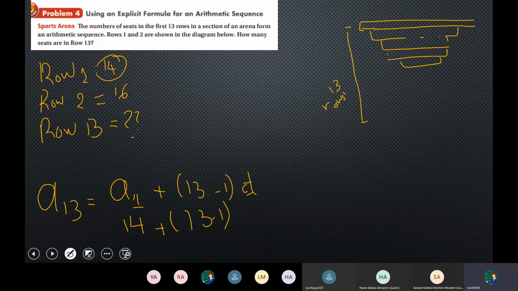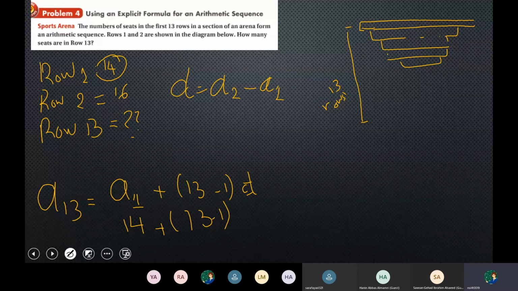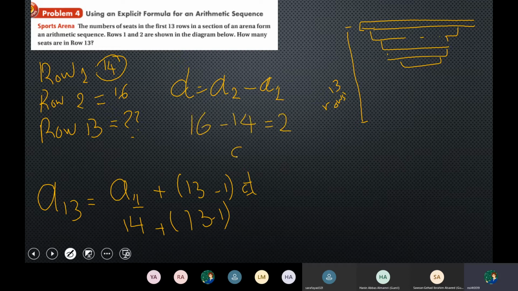Using a sub 2 minus a sub 1, because the common difference d is the difference between two consecutive terms. So 16 minus 14 equals 2, and d is 2.